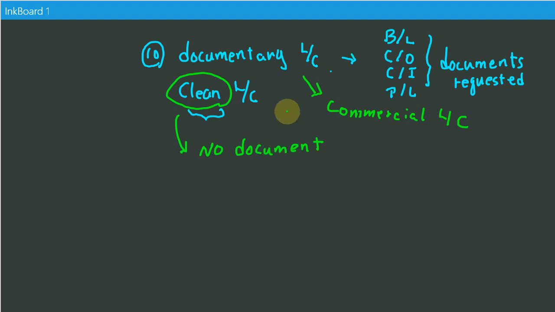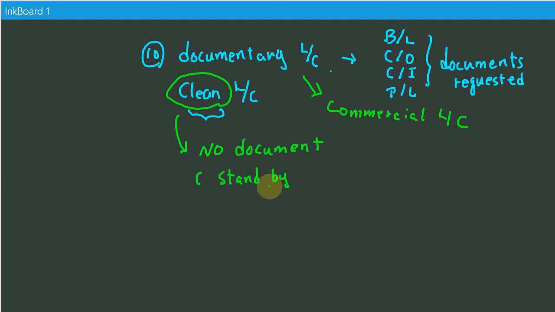So, in this LC, the LC does not request documentation like shipping documentation, transportation documentation, okay? In this case, this is not on the basis of commercial trading. This is also called standby LC, right?